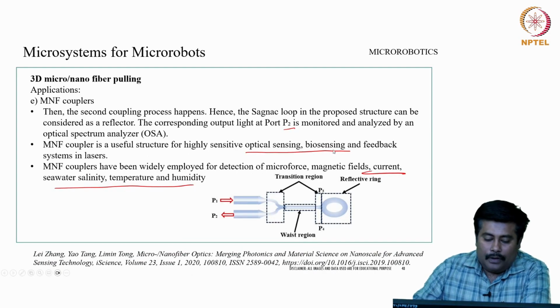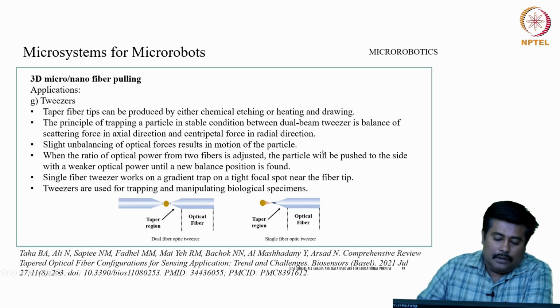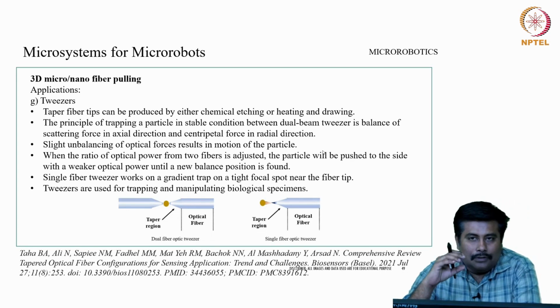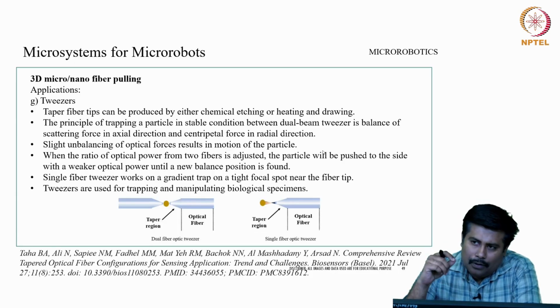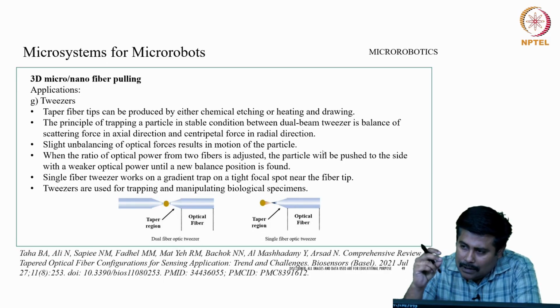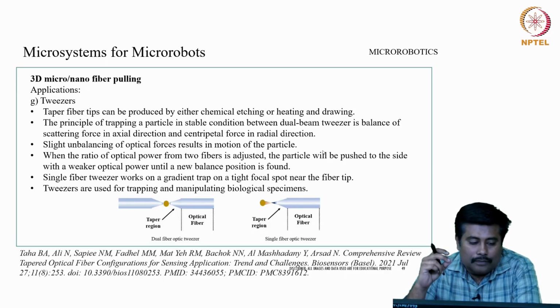Now, we can also consider an application called a tweezer. From a tweezer point of view, mechanical tweezers have a manipulation in the order of a few microns. When we exert a force on top of it appropriately, we can see a manipulation which can be used for movement of the system.